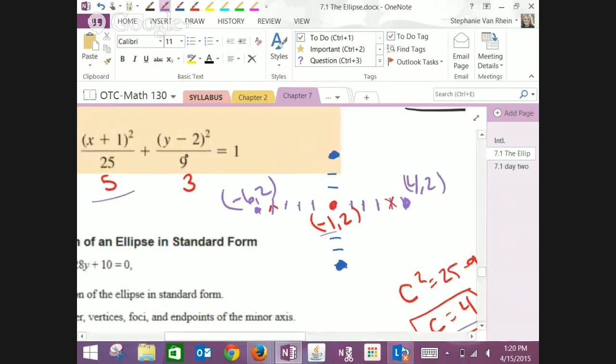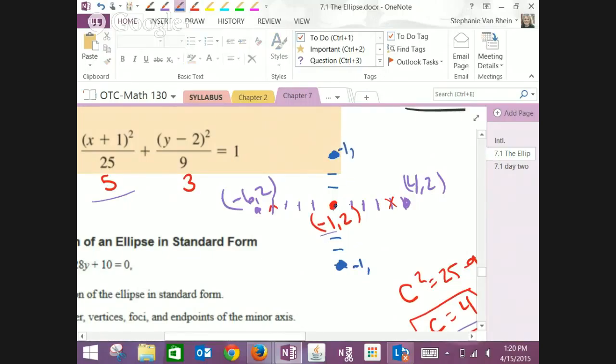So if I look at what's underneath my y, the 3, it means I go up 3 and down 3 from my center. So here, the only thing that's going to change is my y values. So I can go ahead and write my x value as minus 1, and x down here is minus 1.